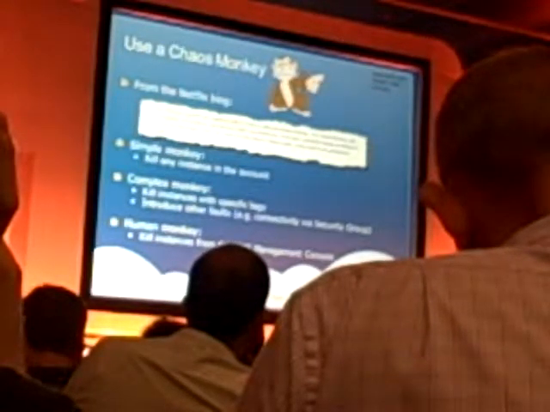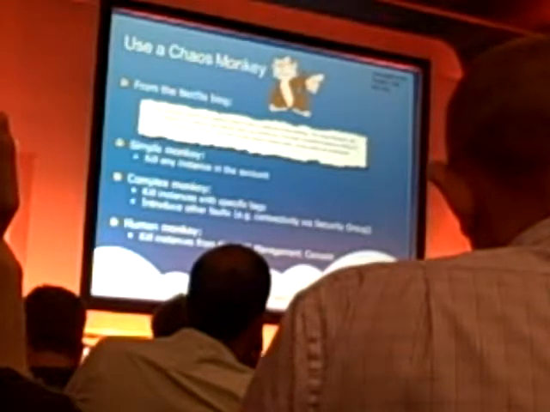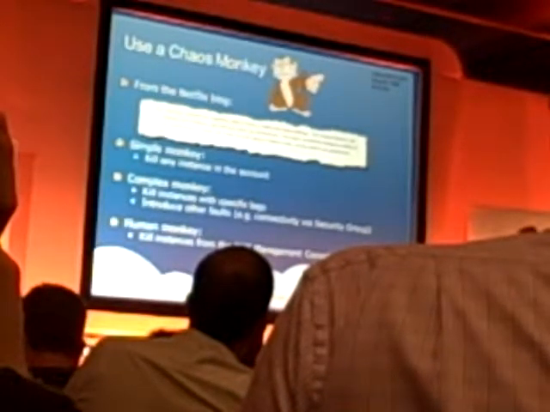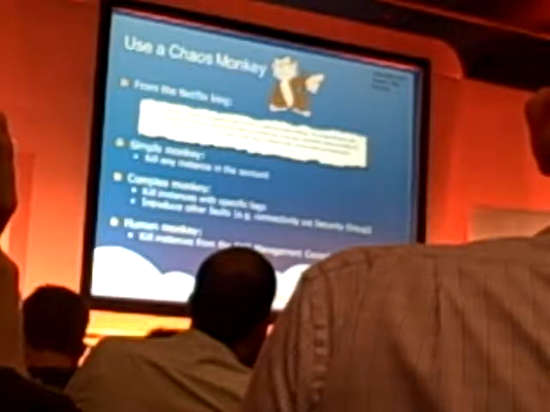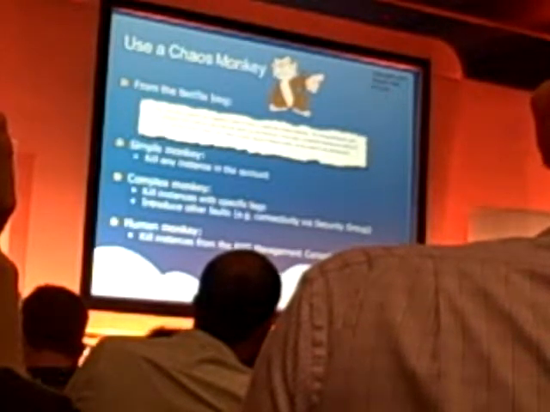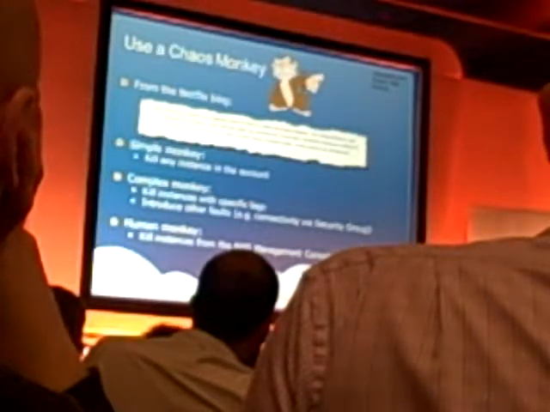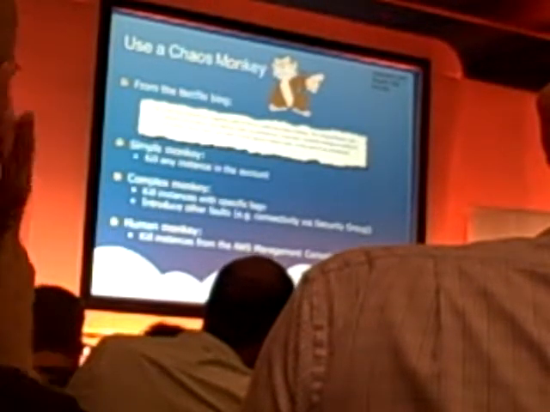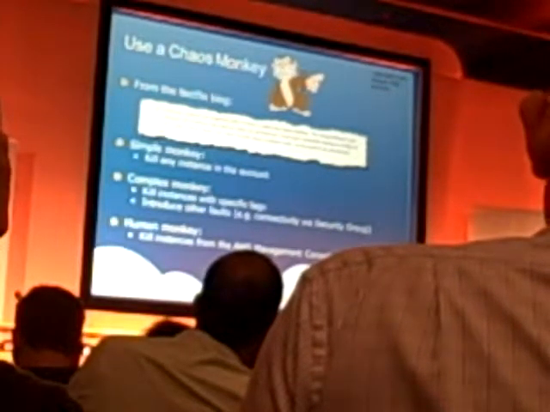Sometimes we also heard of human monkeys, where a dev manager, for example, goes in and puts a little pressure on the operations or dev team and says, what if I start killing these instances? How does your system cope with that? The point here is you definitely want to exercise some of the failure modes and be resilient to even human error.